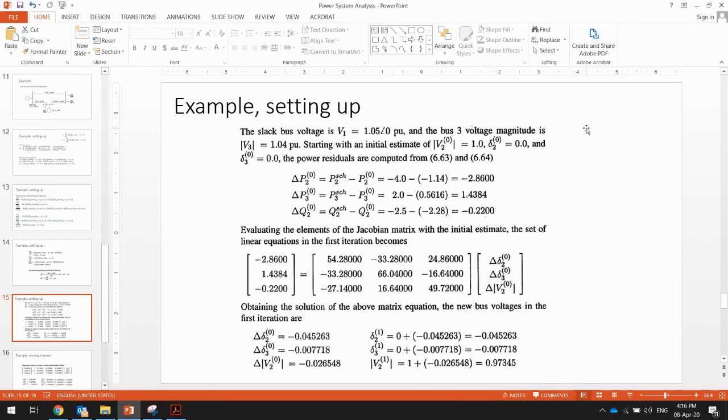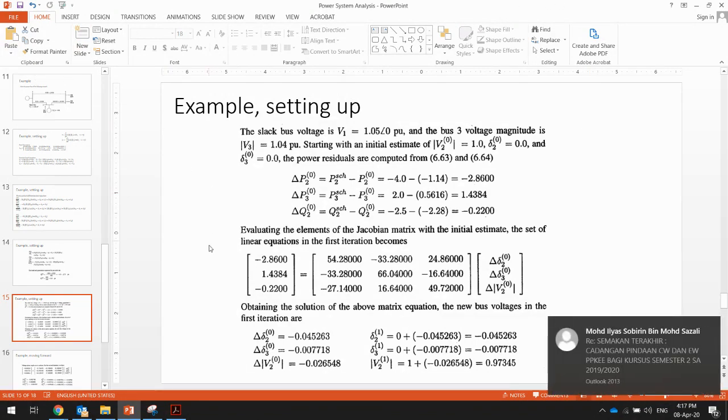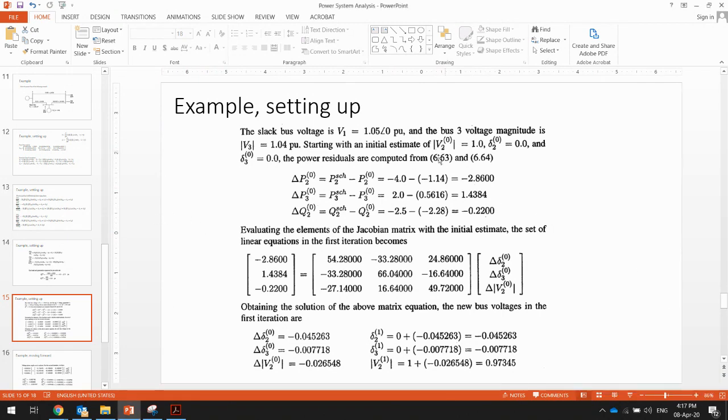From there, we are able to use them to calculate the power flows of bus 1 and bus 3. They are the only 2 buses without the complete power flow values. So you want to estimate the values of V2, delta 2, and delta 3.